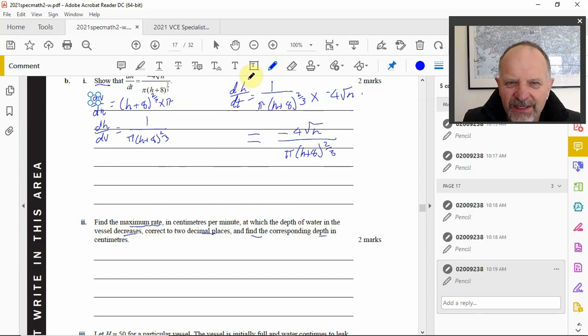All right, so h is our depth with time. So this is the rate that the depth is changing. So what we actually need to know here is when this is at a maximum and decreasing. So that's where this negative comes in, the decreasing. So we're looking at where that particular thing there is a maximum.